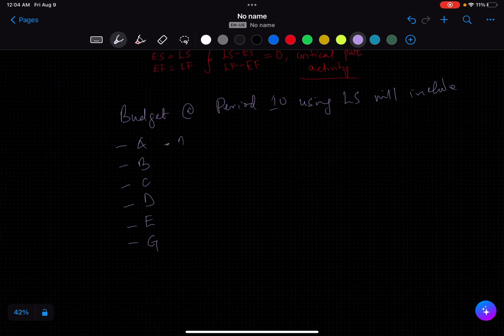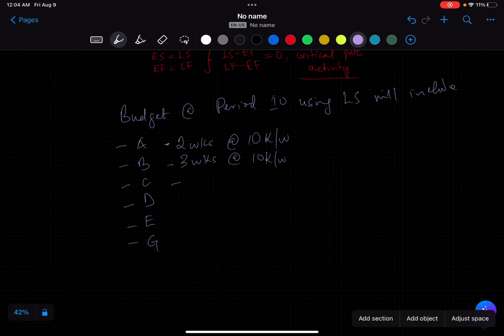A will take 2 weeks at 10k per week. B will take, I think, 3 weeks at 10k per week as well.